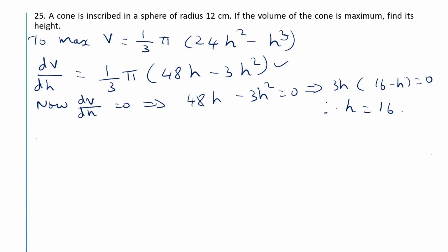Now let us find d square V by dh square. From this we have it is 1 by 3 pi into 48 minus 6h.